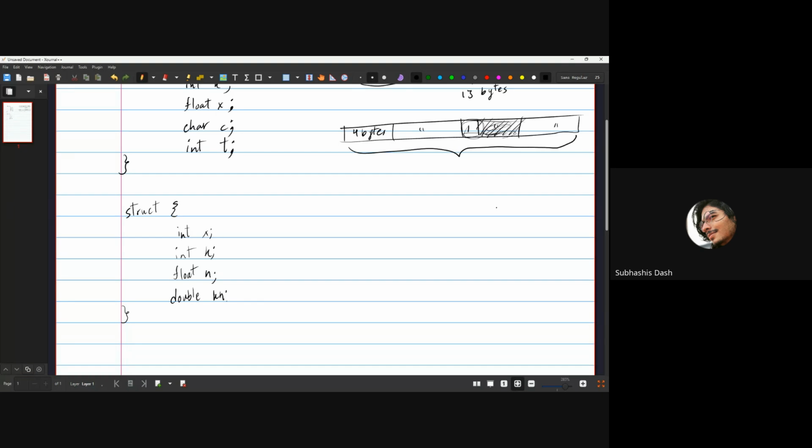Don't forget the semicolons. In this case, the size of the struct would be the sum of the members. In most cases it is a multiple of 4 bytes. Int and float are both 4 bytes, double is 8 bytes, so all in all, you'll get 20 bytes.